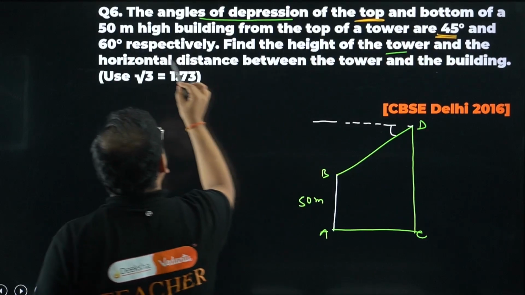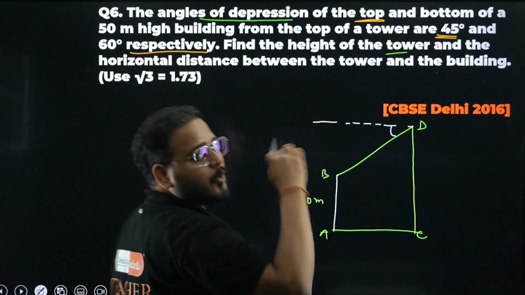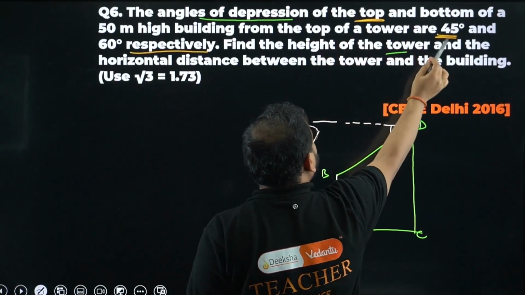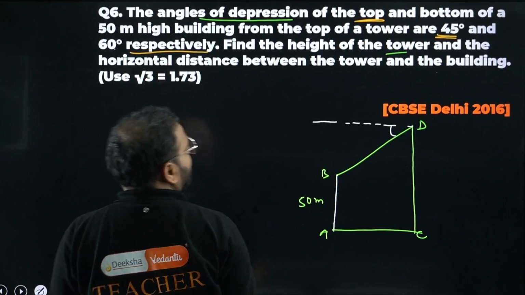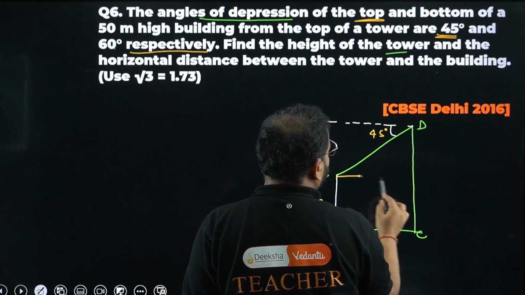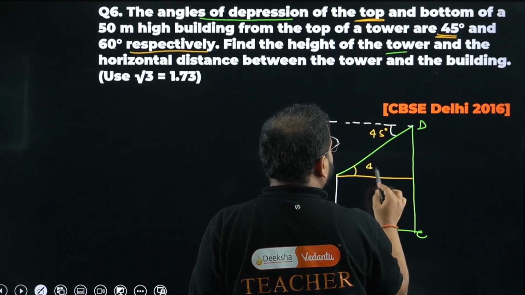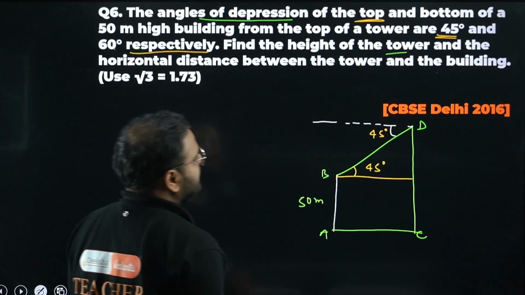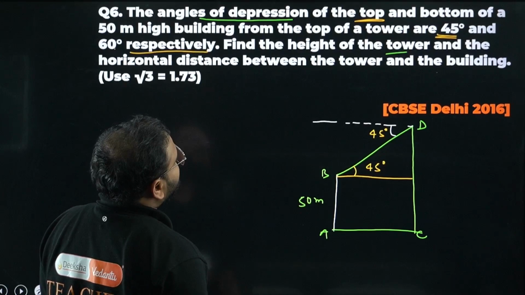How come, sir? The word written here is respectively, meaning in that order. Top is 45, bottom is 60. So this is 45 degrees. Great. What else are they saying?